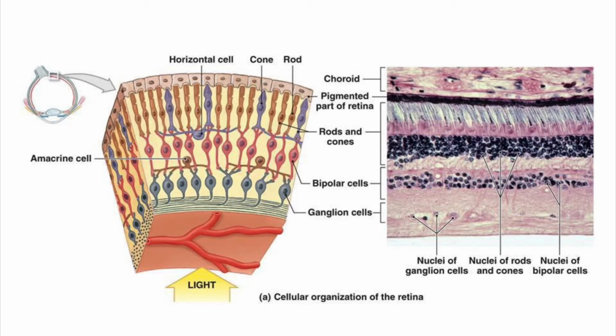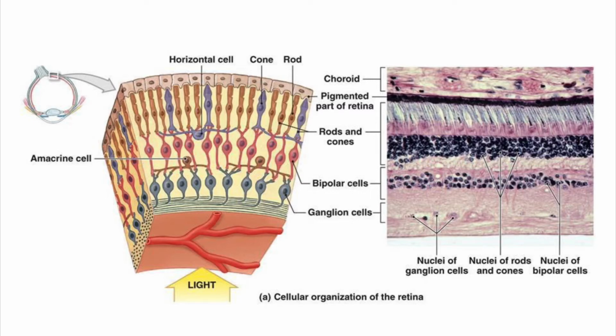These are your photoreceptors. They are modified neurons that can absorb light and then translate it into an electrical current. As I mentioned, we have two types of photoreceptors, rods and cones. In this image, the rods are represented by the yellow cells and the cones are represented by the blue cells.